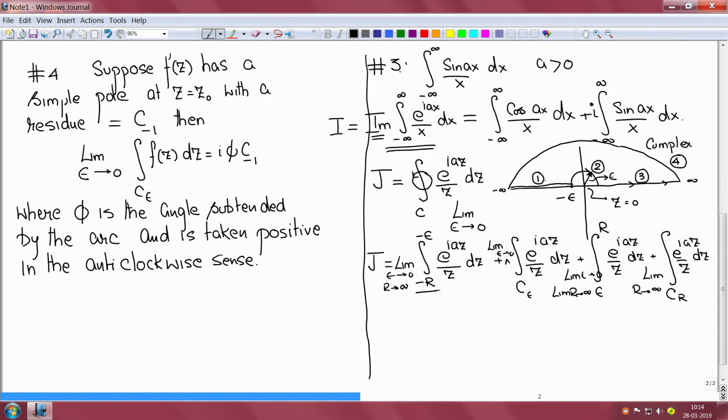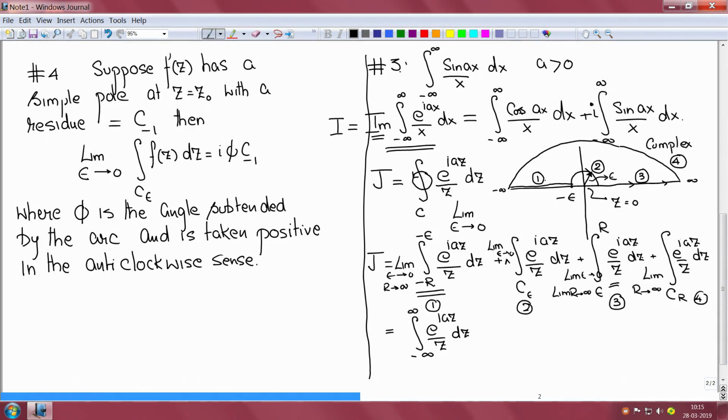So these are now, as we have seen earlier, in the sense of Cauchy principal value. Now this first portion or first leg and third portion together will give me the integral minus infinity to infinity e to the power i a z by z dz. But I have the two portions. I have the second portion or second leg and a fourth portion, fourth leg.